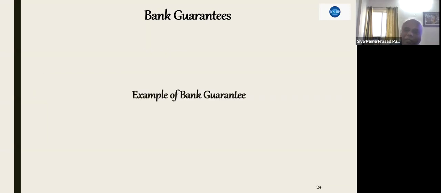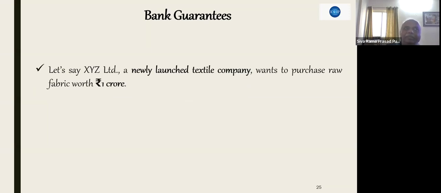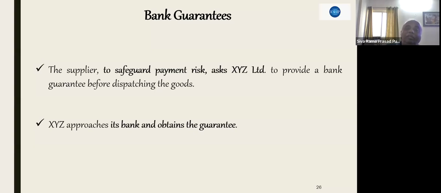Example of a bank guarantee. One example I am quoting here. Let us say XYZ, a newly launched textile company, wants to purchase raw fabric worth 1 crore. The supplier, to safeguard against payment risk, asks XYZ Limited to provide a bank guarantee before dispatching the goods.